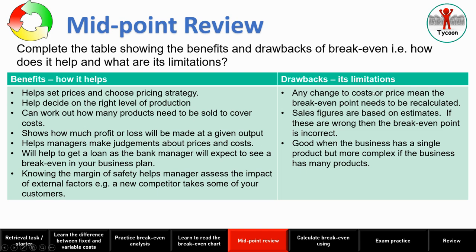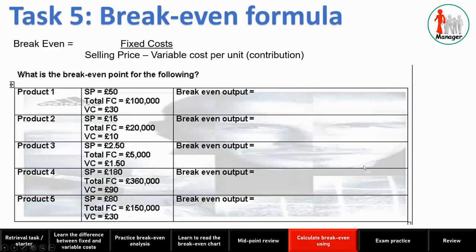Anytime any cost changes or I change my price, I've got to recalculate the break-even point. Well, that's a bit of a pain. But if you imagine if I'm Tesco and I've got 10,000 products on my shelves, am I really going to work out a break-even table for all of them? Of course I'm not. Okay, so it's really good for when a business has got a single product, but it becomes more complex if the business has got many products.